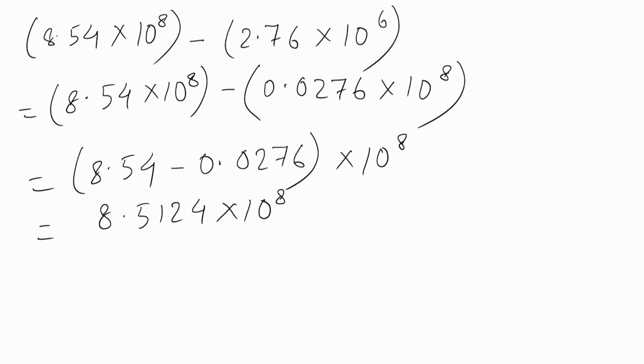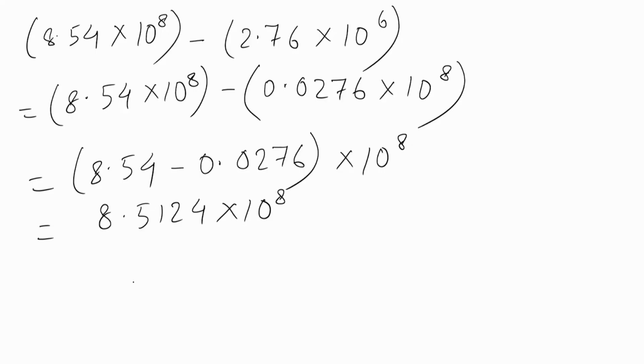Okay. So we have studied about multiplication, division, addition and subtraction of scientific notations. Now there is another problem. For example, let's say we have this number 5.233457777 and so on.